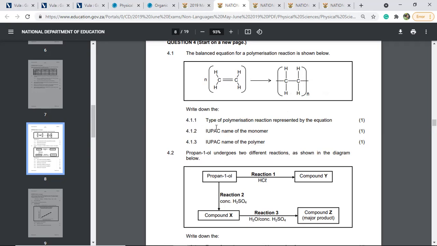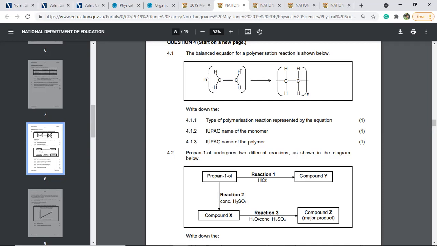And then 4.1.2 asks us to give the IUPAC name of the monomer. So what is this monomer that they're talking about? Monomers are the basic units or the building blocks of polymers. So what is this building block that they have here?